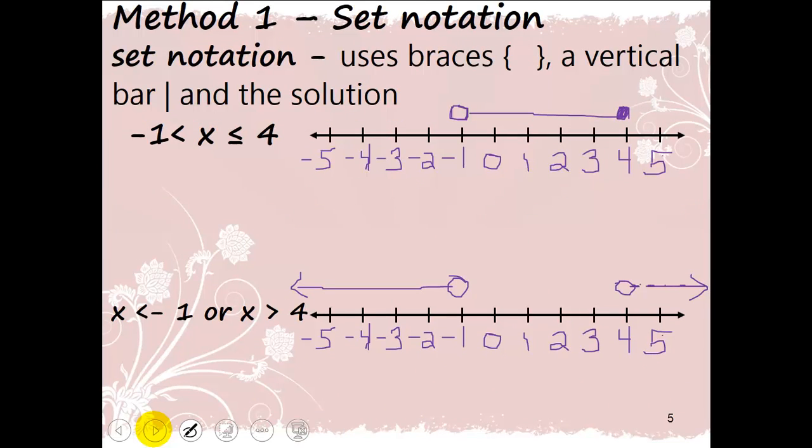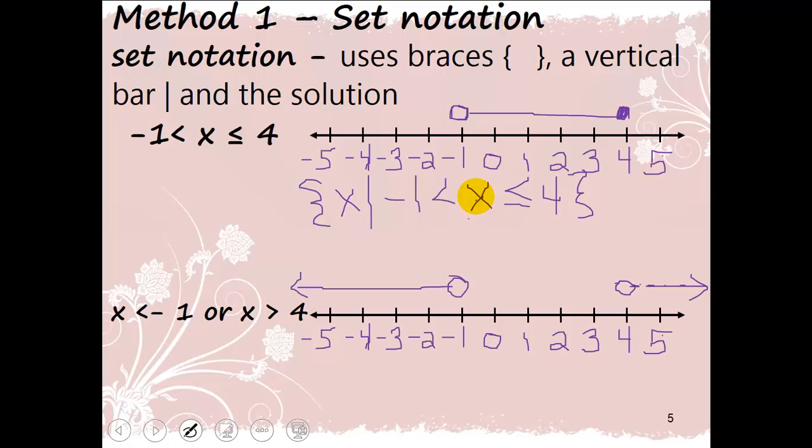Now, this one, we graphed it before. Here's the graph again. We're going to write it like this. All x's such that -1 is less than x, which is less than or equal to 4. Again, look at where your x is. It's between your endpoints.